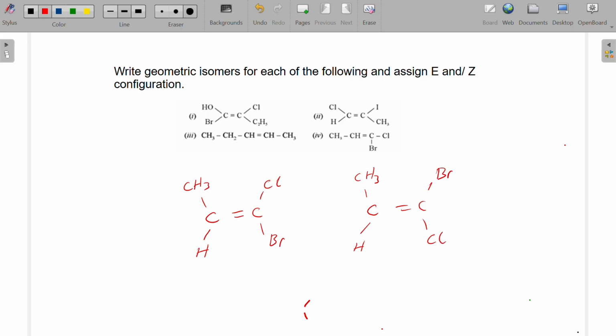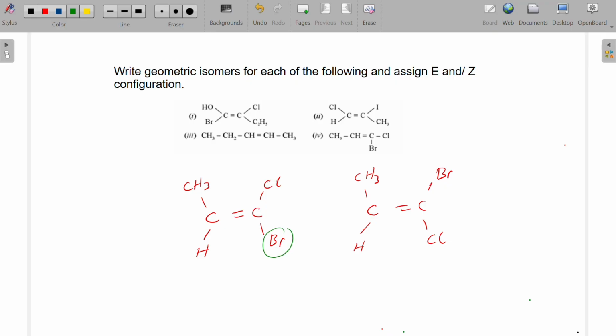Put my chlorine down here. So yeah, that's what we have now. So we have the two isomers. All we have to do is assign them as Z and E isomers.